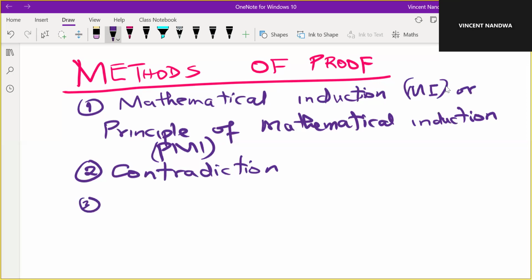Another method of proof is called direct proof. Another method of proof is called proof by counterexamples.